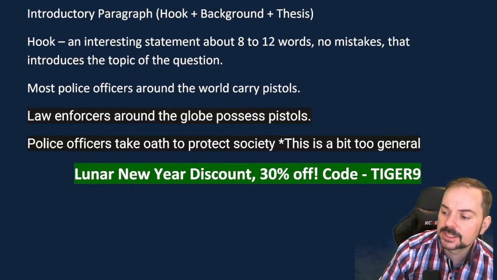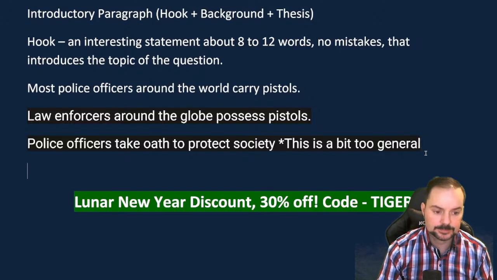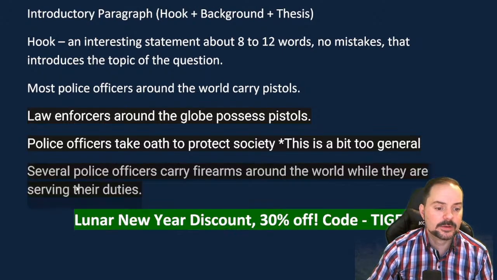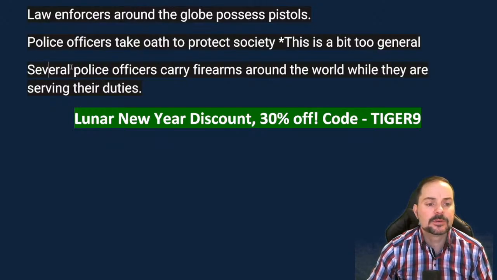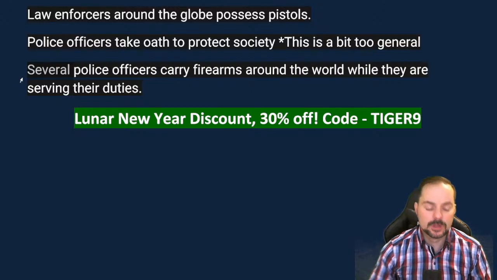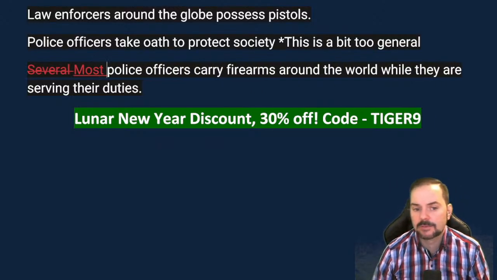This is Bandita here. So Bandita writes, several police officers carry firearms. Bandita, I wouldn't say several. I would correct this with most. Okay, I think most police officers carry firearms around the world while they are serving their duties.